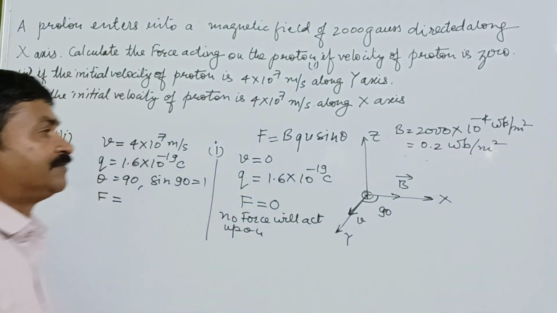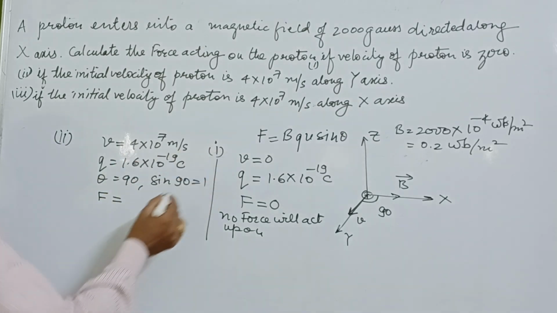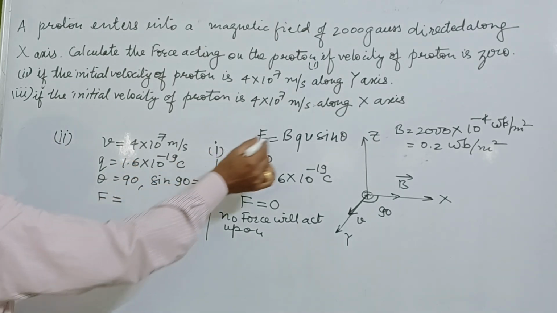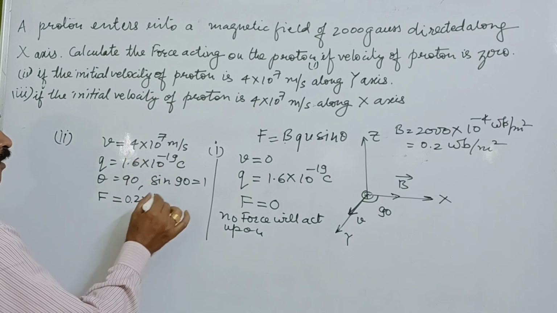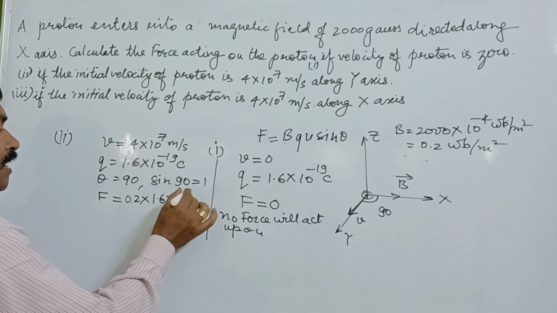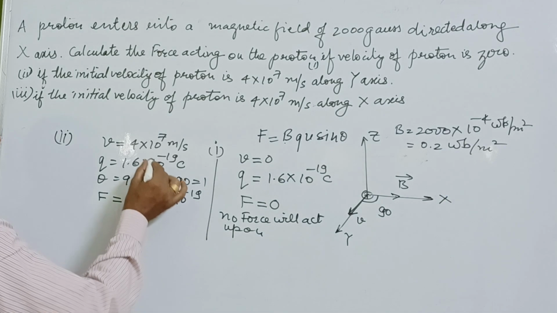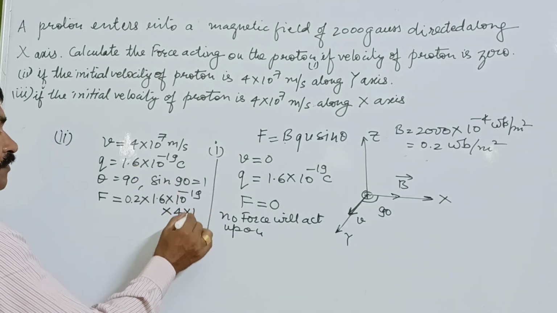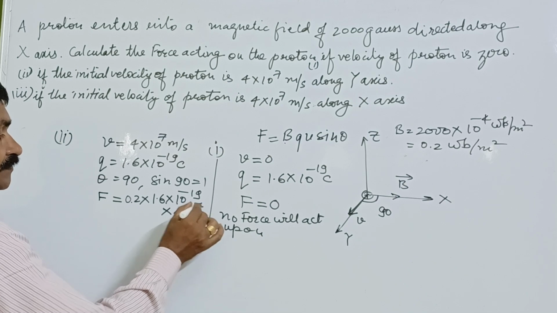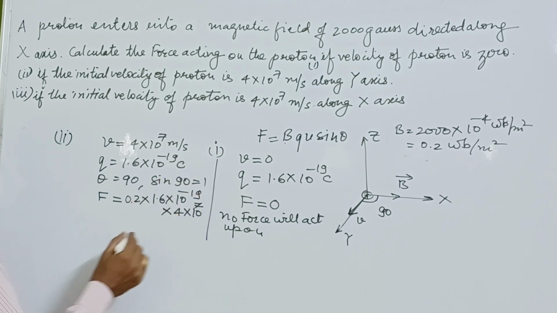So B is 0.2, q is 1.6 into 10 raised to the power minus 19, velocity is 4 into 10 raised to the power 7, and sin 90 is 1.